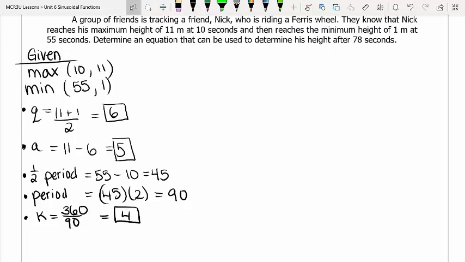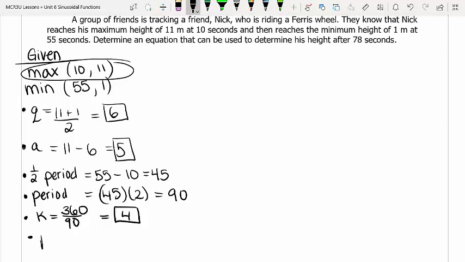And finally, we need to find our P value. Okay, so we know that cosine starts at its maximum. So our maximum occurs at 10 and 11. So if we pick the cycle of cos that starts at 10 and 11, we know that it's going to have a phase shift to the right 10.